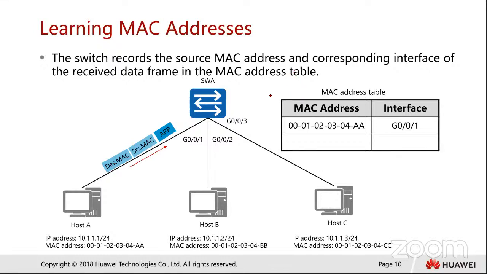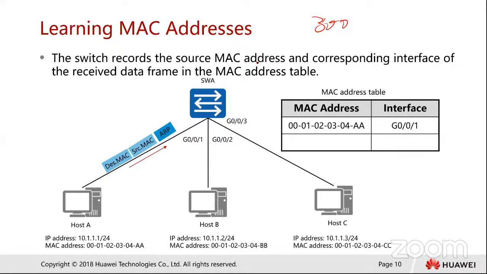So I was saying that the default aging time for most of the Huawei modern switches is 300 seconds by default. And if switch A receives a data frame from host A again within the aging time, the switch updates the aging time of the mapping between the host A address and the interface which received it.